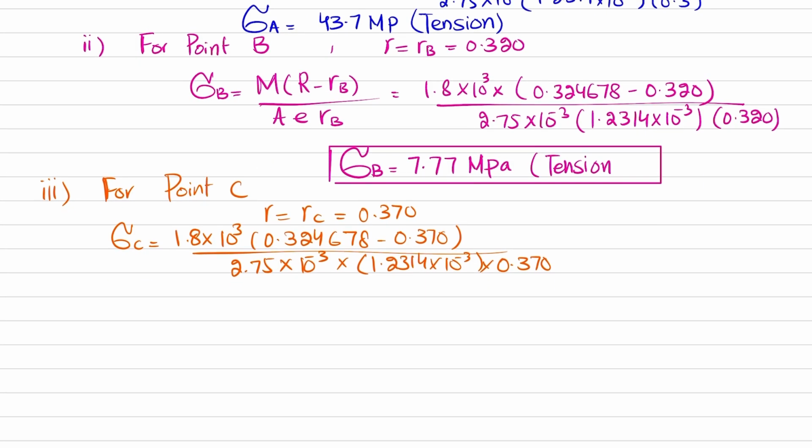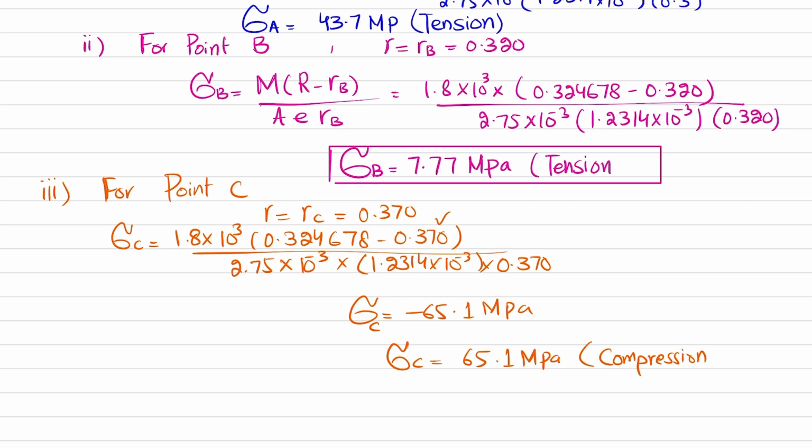When you solve this, you will get this stress comes out to be negative, equal to minus 65.1 megapascal. Or you can also write that sigma C is 65.1 megapascal, and instead of negative you can write that point C is in compression. Okay, now you have all these values. So this is the answer of our first part.